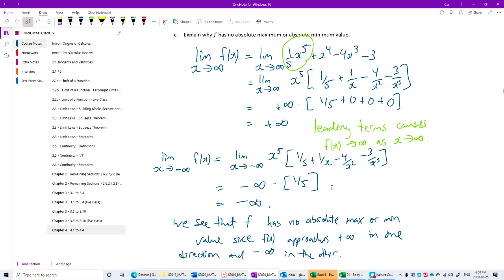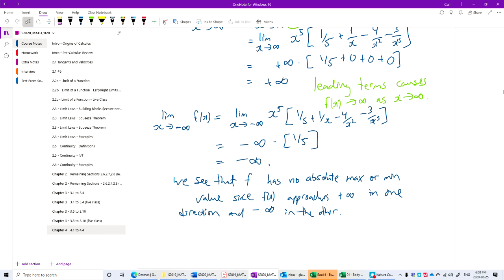And why does that mean there's no absolute max? Well, an absolute max or min is always a specific number that's larger than all the other numbers.